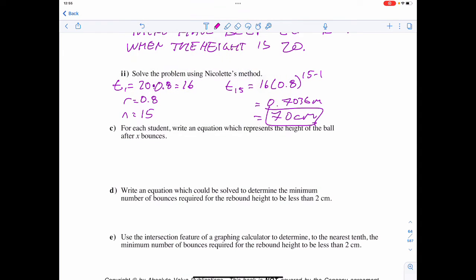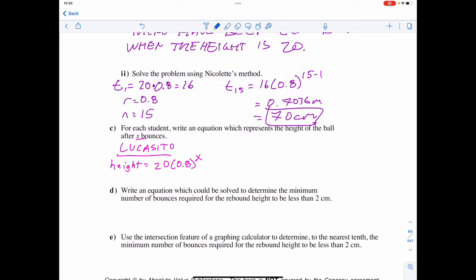So there are two possible ways that I can solve this. I can say that if it's after x bounces, for Lucasito, his formula would be the height is equal to 20 times 0.8 to the power of x, where x is just going to represent the number of bounces.